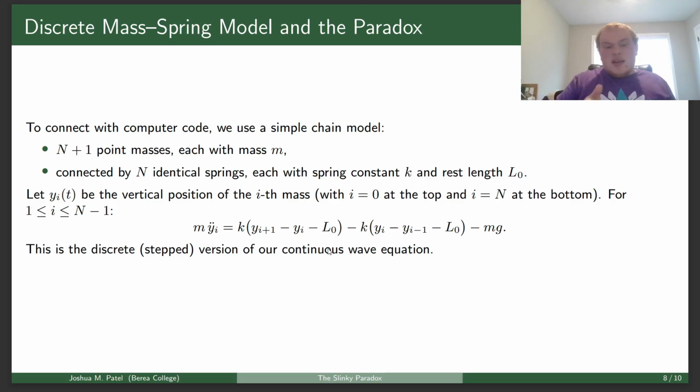For any mass in between, Hooke's law gives the stretch from the top spring times the spring constant, plus the stretch of the bottom spring times the spring constant, plus the force due to gravity, which determines how whichever i-th mass you're looking at will behave.